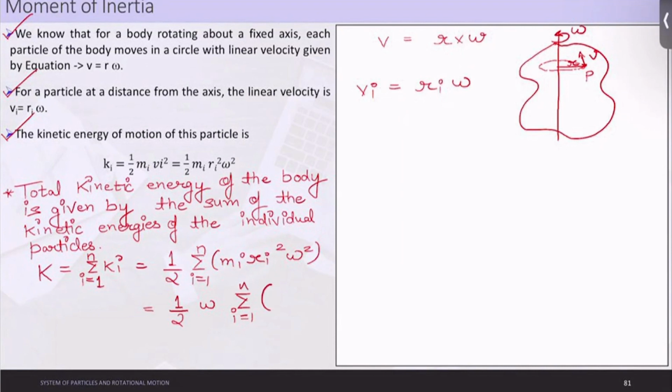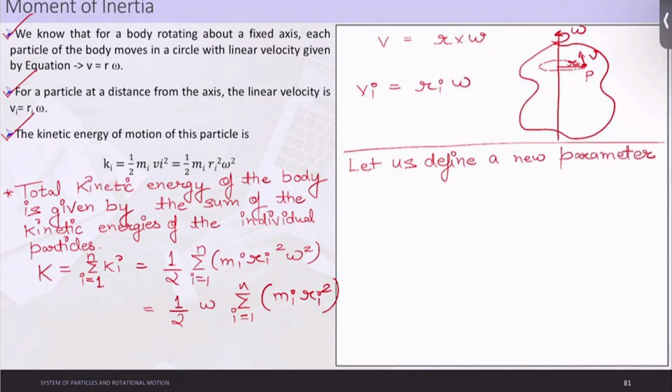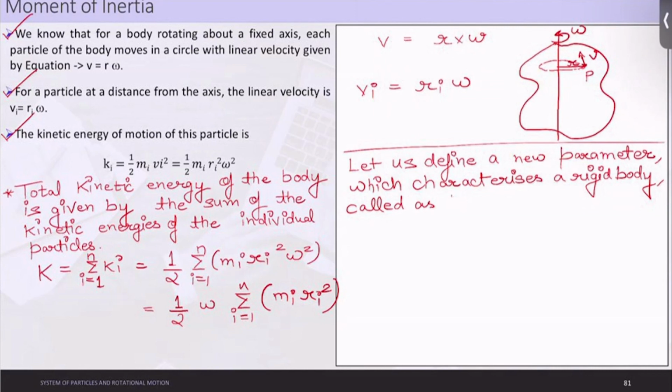Please look at this carefully. It's m_i r_i square. Now we will define a new parameter which characterizes a rigid body, which is called the moment of inertia.